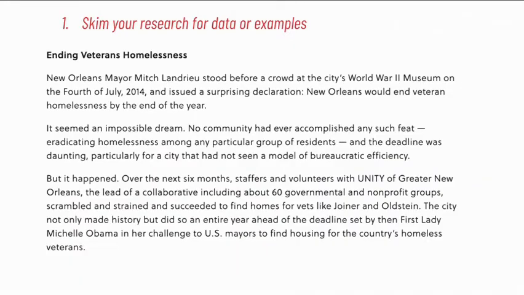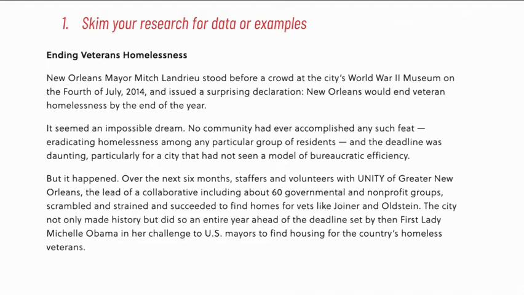The first step that I take is skimming my research for any data or examples that supports my claim. I went to one of my key sources, and this was an article about ending veterans' homelessness in New Orleans. I was looking for some key words that showed that this was a good solution for veteran homelessness.